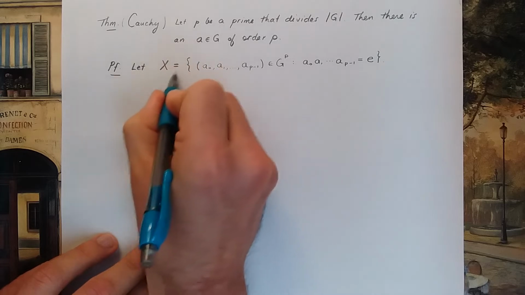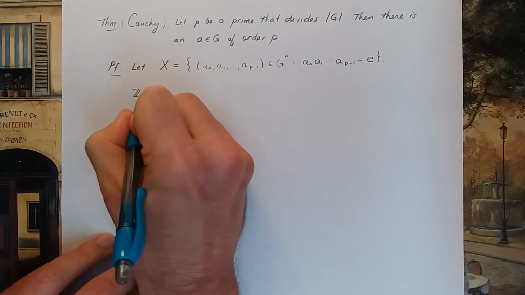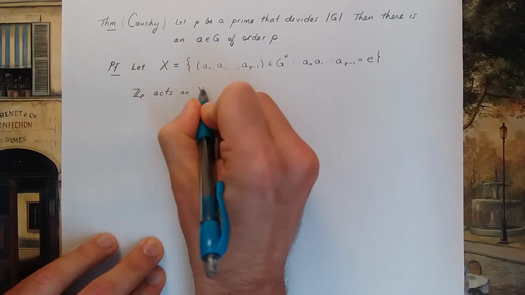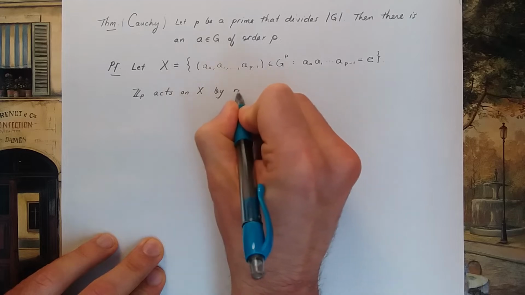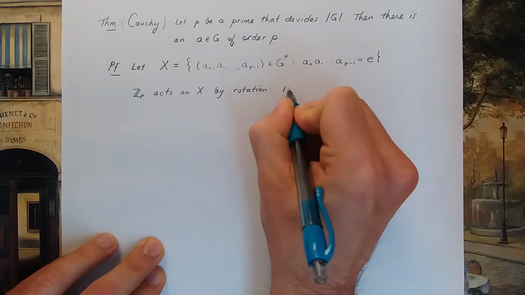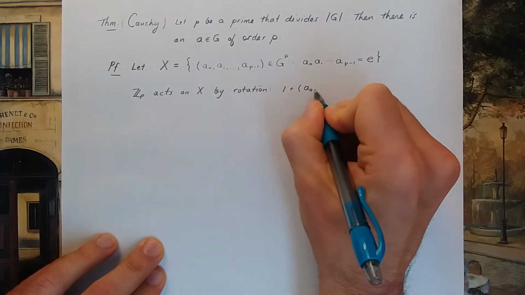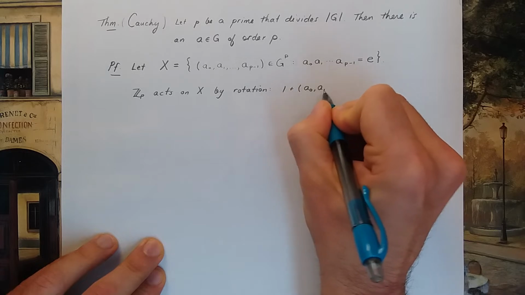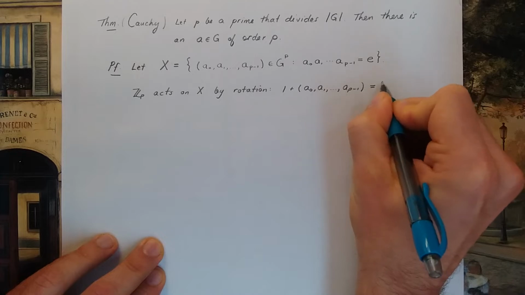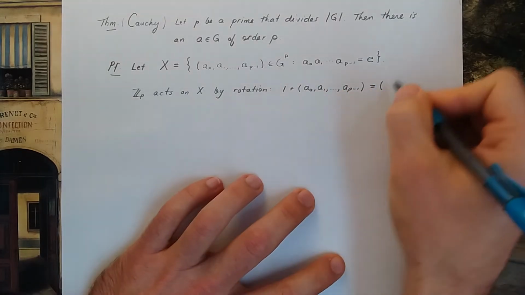I can act on the set X by Z_p. So Z_p acts on X by rotation. For instance, 1 plus one of these tuples will rotate this tuple to the right.